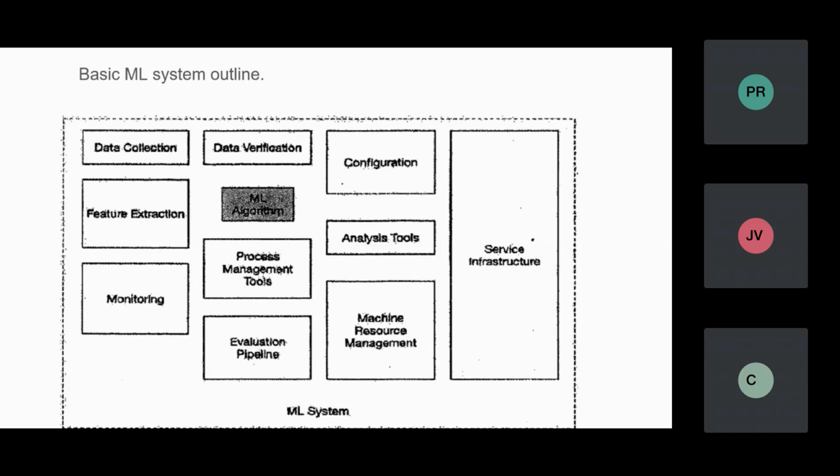ML algorithm, process management tools, analysis tools and evaluation pipeline can be grouped together for the ML algorithm. Monitoring, resource management, and infrastructure, and also the configuration should be grouped together with the data as well. Sorry, I forgot to mention that.